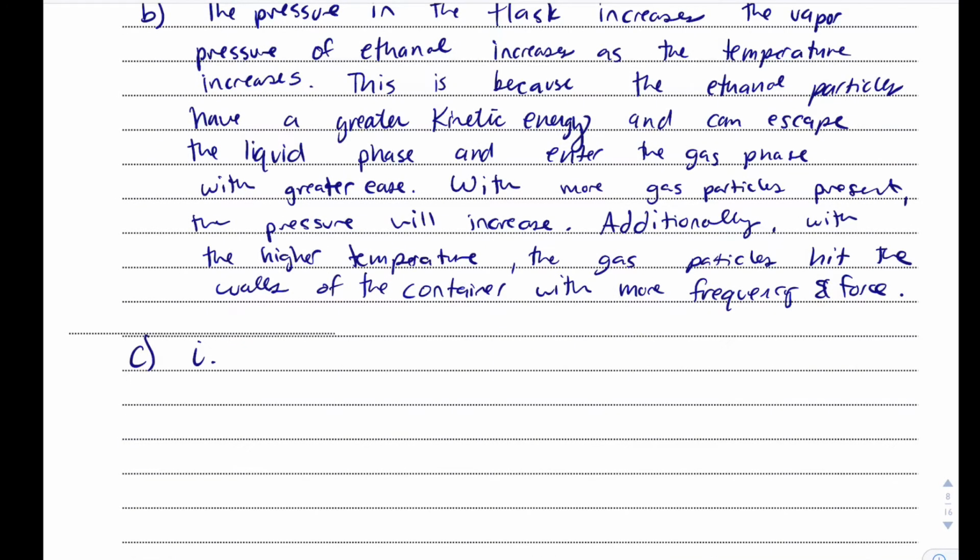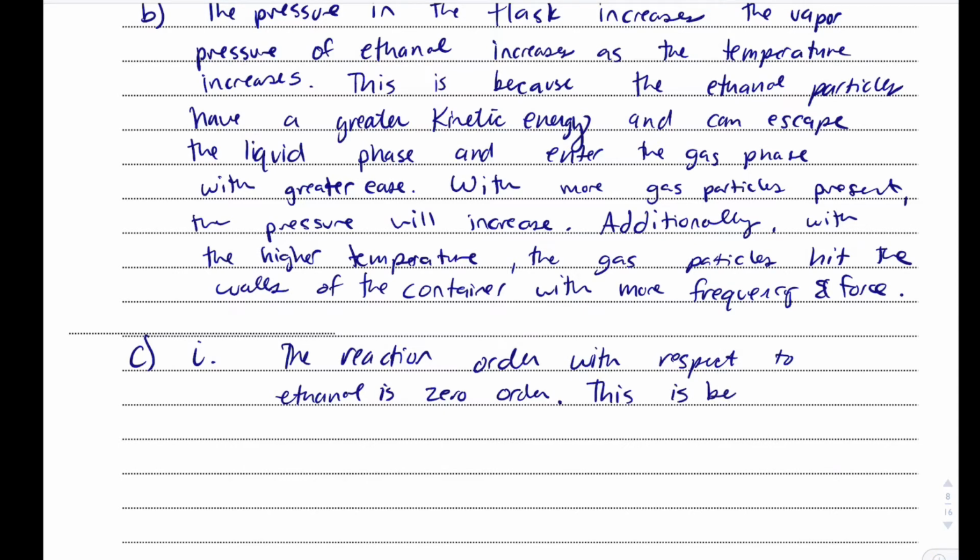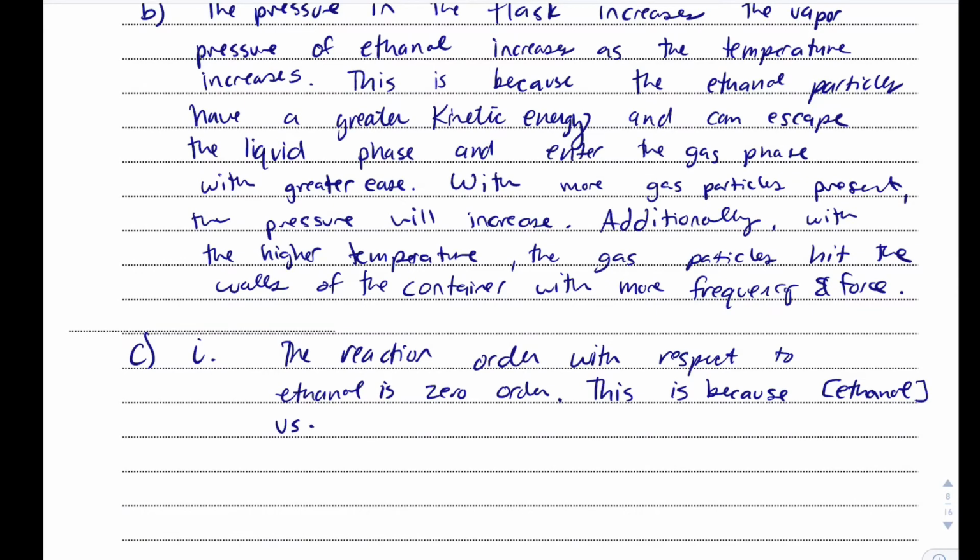I would just say the reaction order with respect to ethanol is 0 order, and the reason why is that the graph of ethanol versus time produced a straight line.